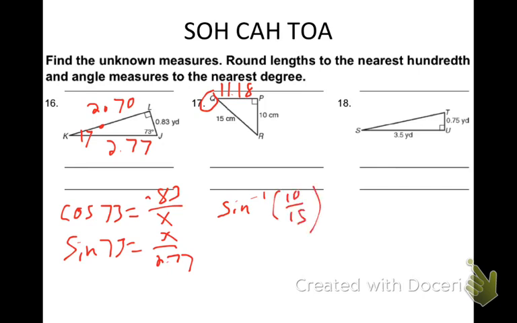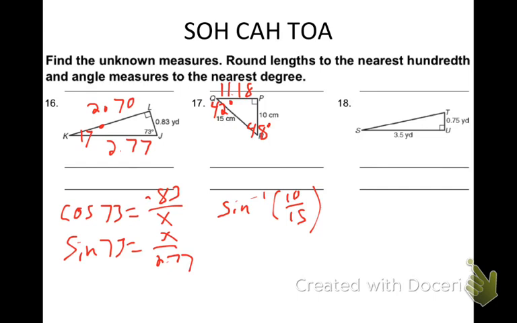So I do sine inverse of 10 over 15, basically 2/3. Sine inverse of 10 over 15, what's angle Q come out to be, Caitlin? 42 degrees. Which means angle R has to be 48 degrees. And lastly, number 18.